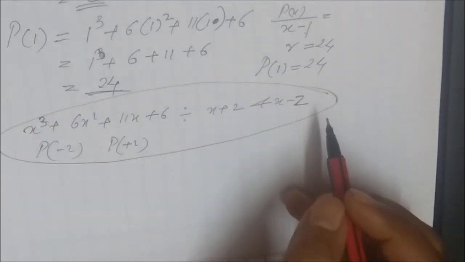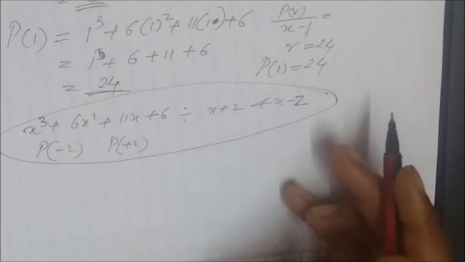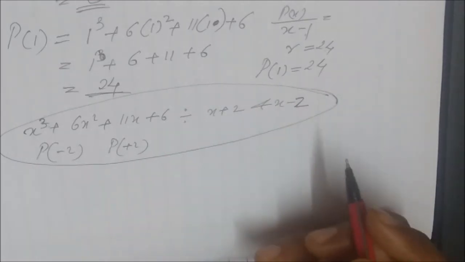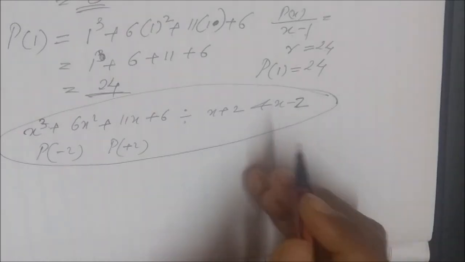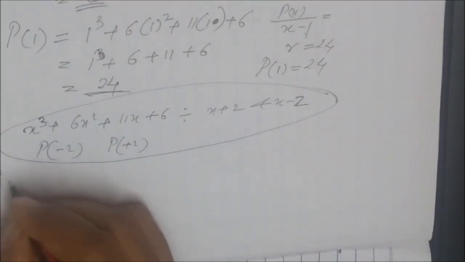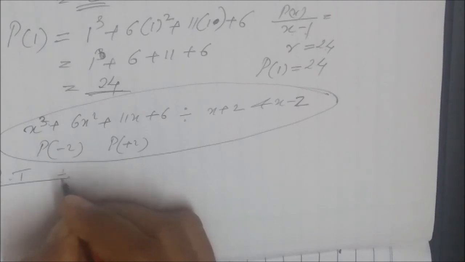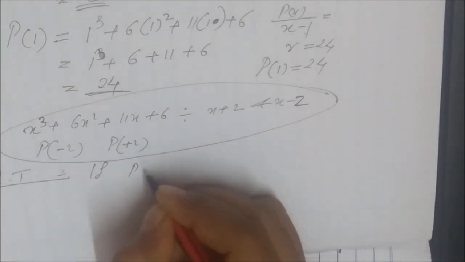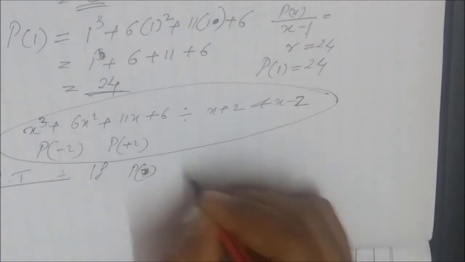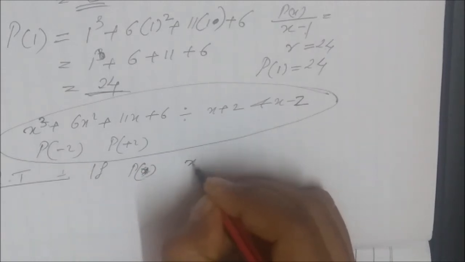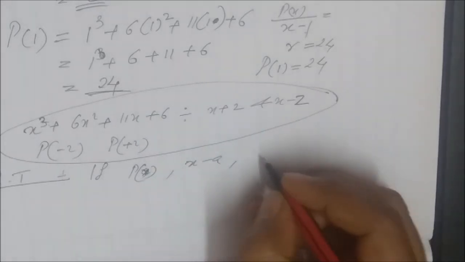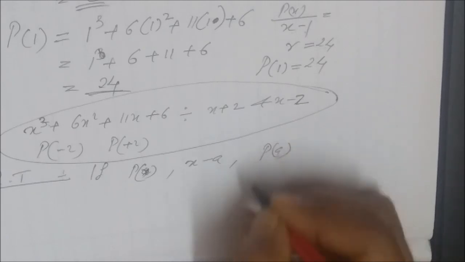Based on these answers we can come to a conclusion, and that conclusion is called the remainder theorem. So what is the remainder theorem? The remainder theorem states that if a polynomial p of x is divided by a linear polynomial x minus a, then the remainder is p of a.